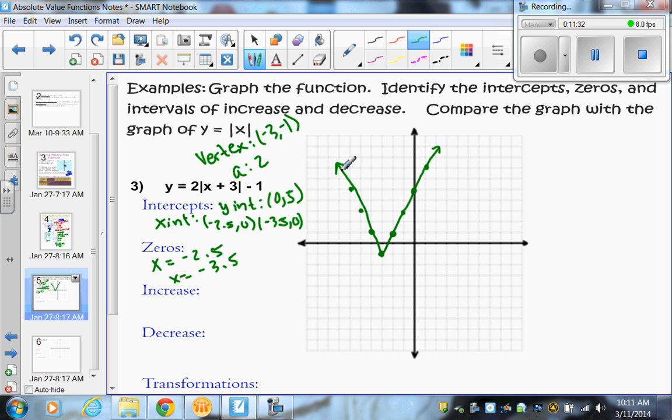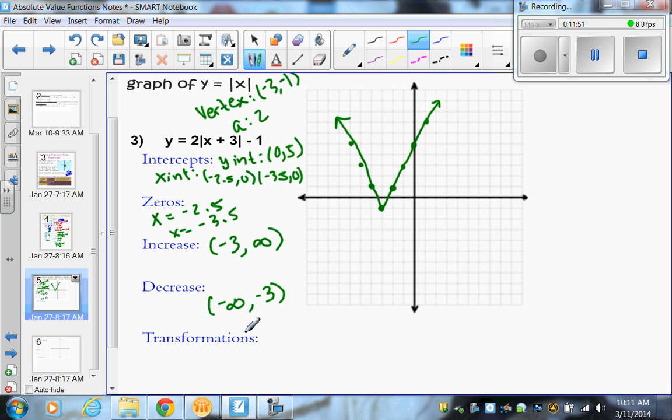Increase and decrease. On the left side, it's decreasing first, so that would be from -infinity to the x-coordinate of the vertex, which in this case is -3. And then increases from the vertex to the right-hand side, which is +infinity. Transformations, the 2 would be a vertical stretch. +3 really moves it to the left 3. And -1 moves it down 1.